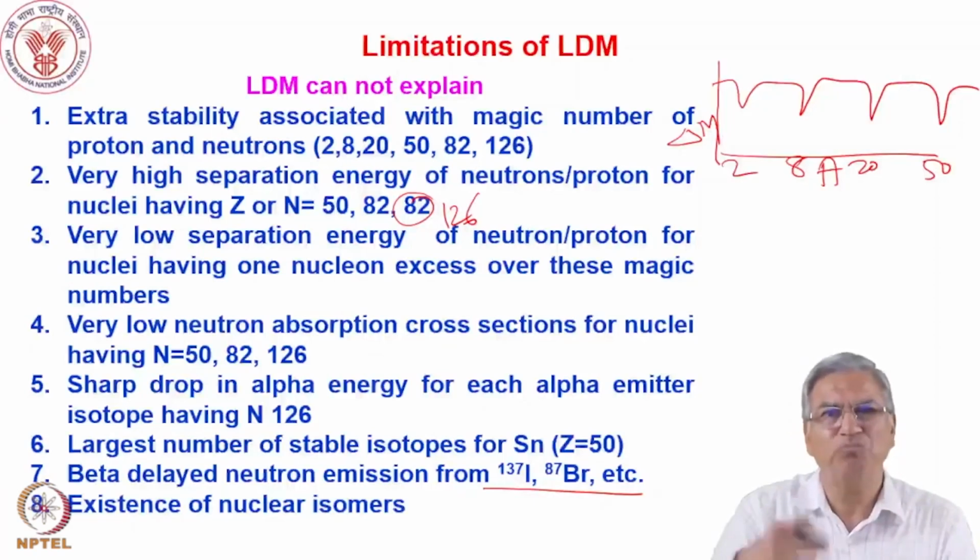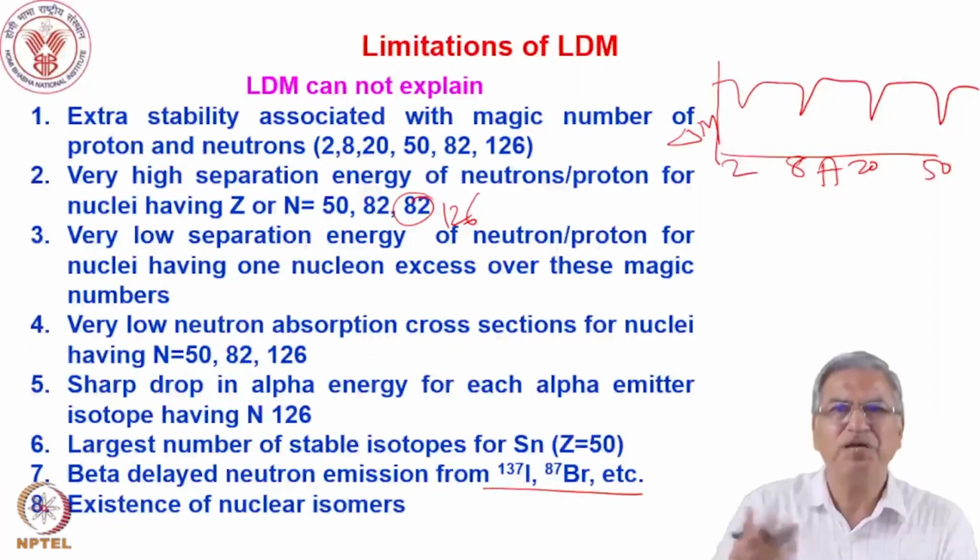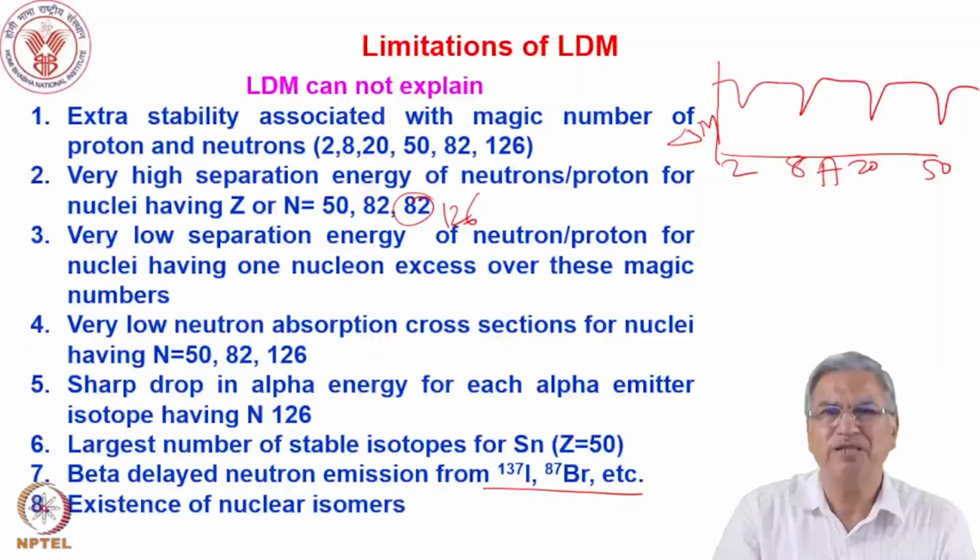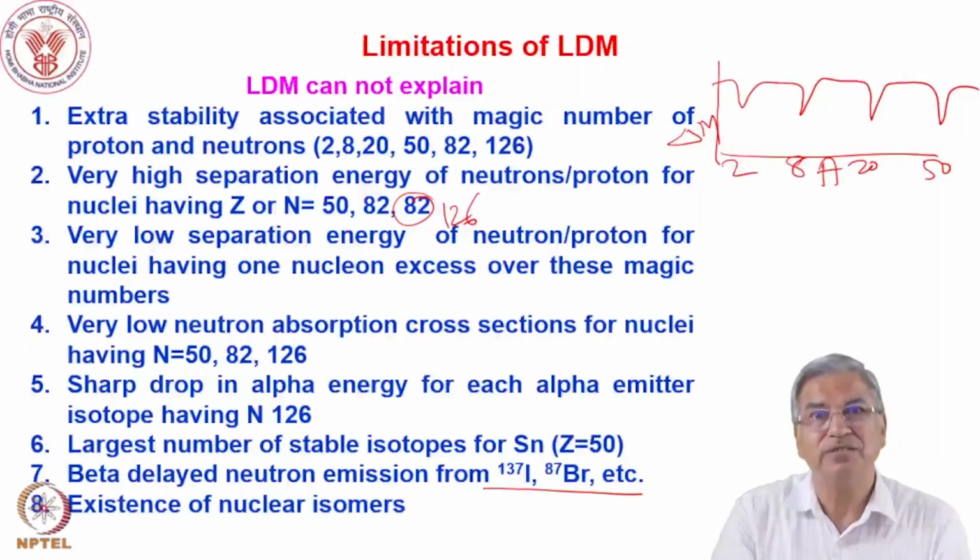They undergo beta minus decay, and after beta minus decay, the daughter product is left in an excited state that is higher than the binding energy of the neutron. So instead of gamma emission, that excited state emits a neutron. They are called delayed neutrons because they follow the half-life of these precursors.